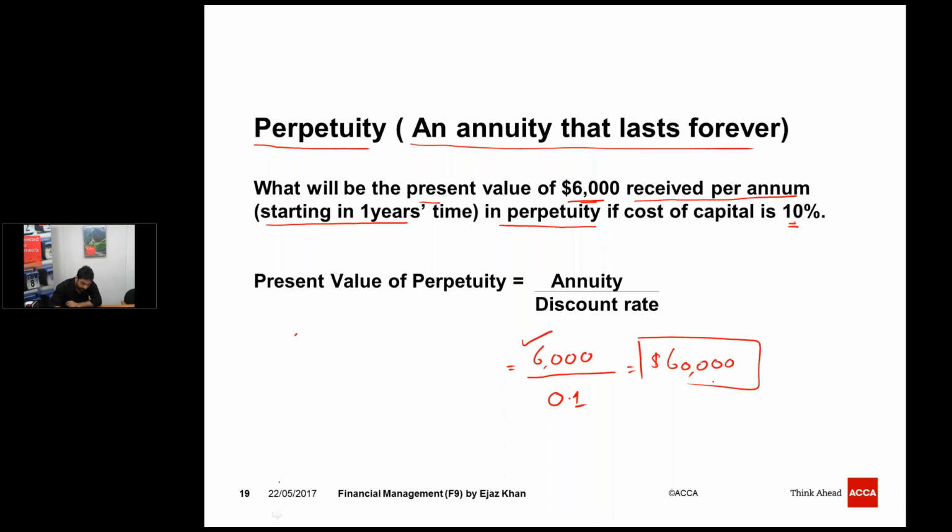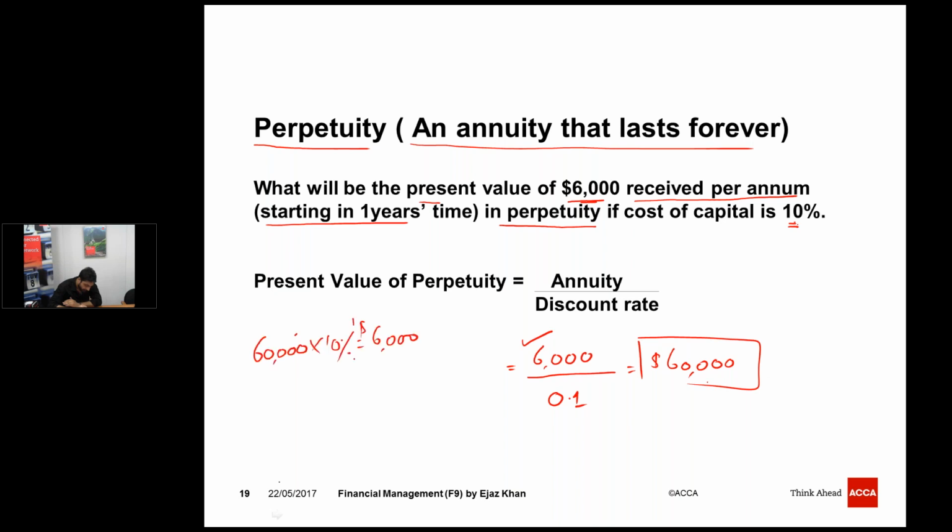So the present value of the cash inflows that you will receive forever will be $60,000. What does that mean? It means if the company needs at least a 10% return, then it should invest $60,000 today against the $6,000 that it is going to receive after every year till perpetuity. And it's very simple to understand why. If the company invests $60,000 and it needs 10% return, 10% of 60,000 is equal to $6,000.